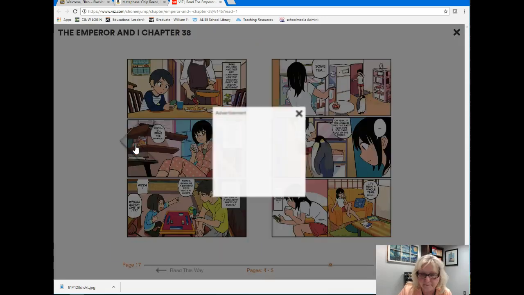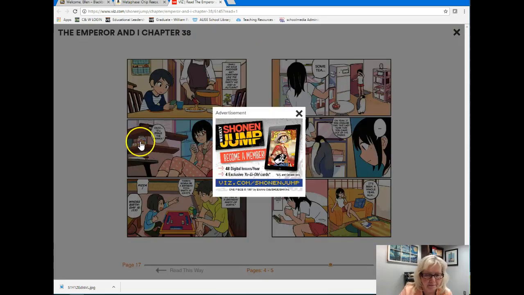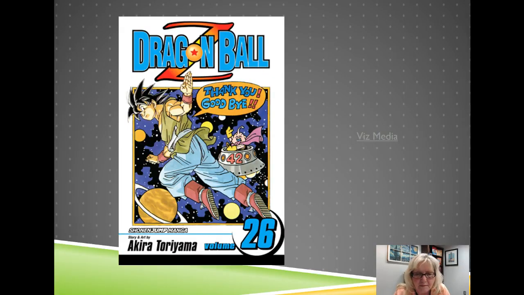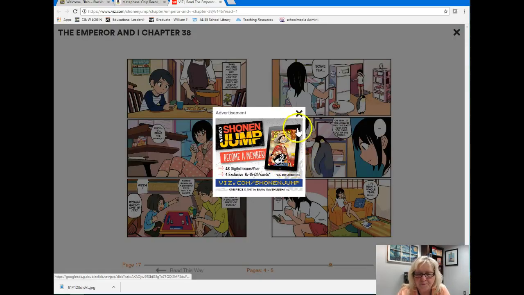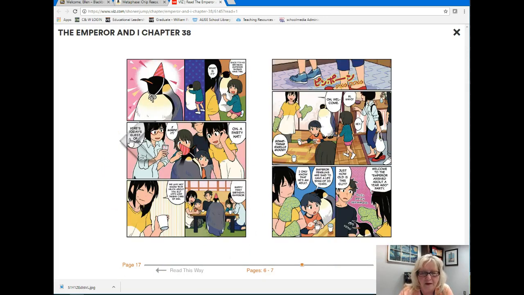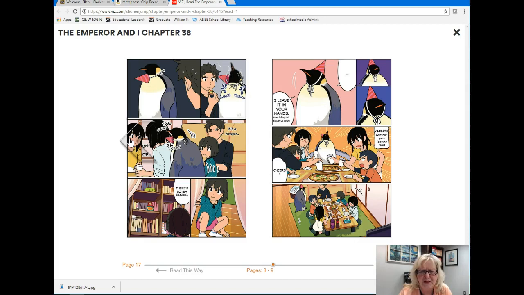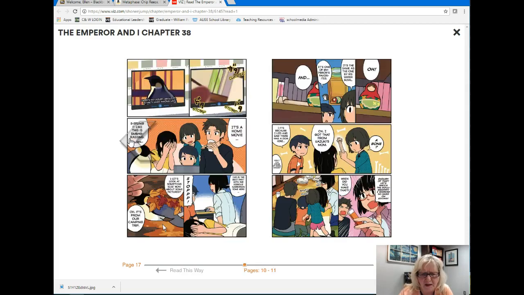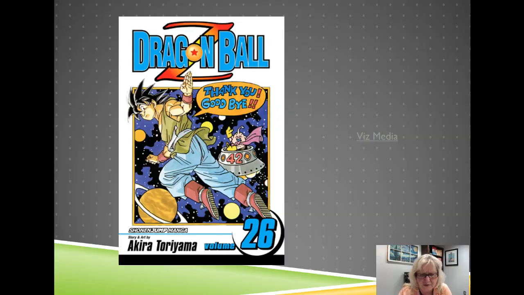You can't tell from this picture, but you would open it on this side instead of opening it on this side. So you can point your students to reading some of these novels online through Viz Media, and Viz Media does a lot of manga, I think including Dragon Ball Z, and there's a ton of them.